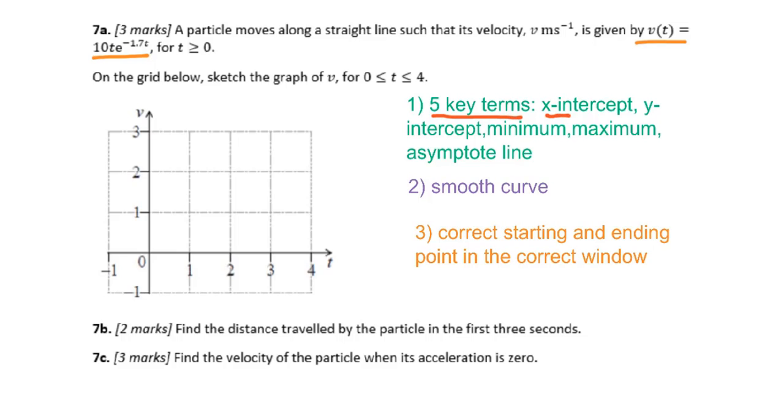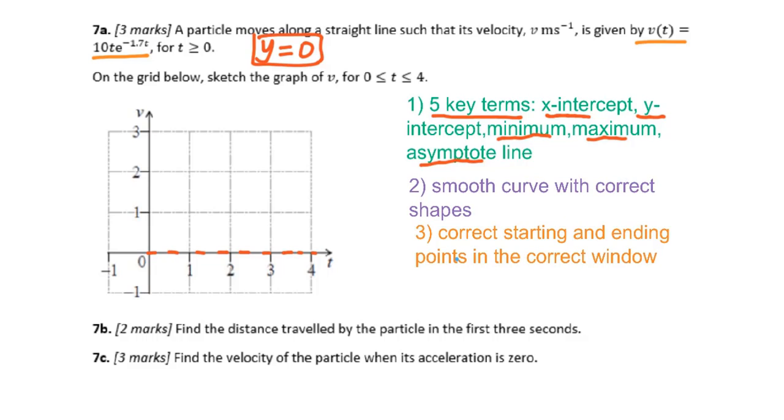That's the x-intercept, y-intercept, minimum, maximum, and asymptote line, if there is. For this equation, you do have an asymptote line. That will be y equals 0. This x-axis is the asymptote line.